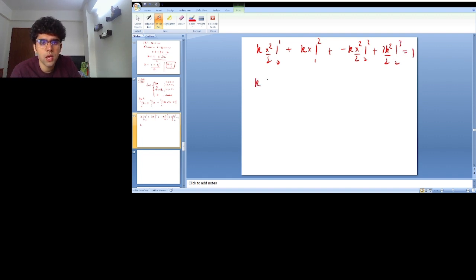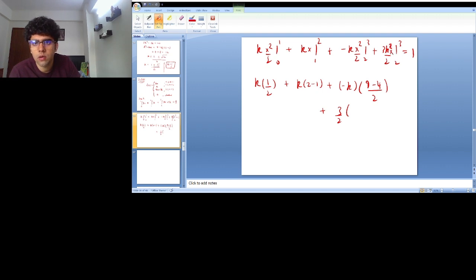So this gives me k into 1 by 2 plus k into 2 minus 1 plus negative k into 9 minus 4 upon 2, plus 3 by 2, and wait, this is kx square. K is just a constant, so wait, let me just write this again.